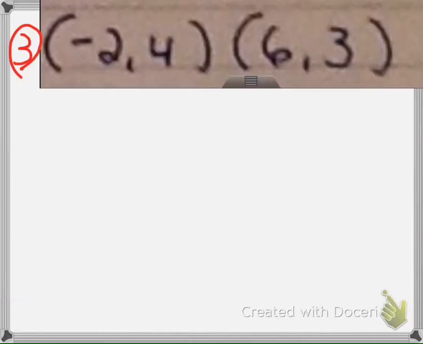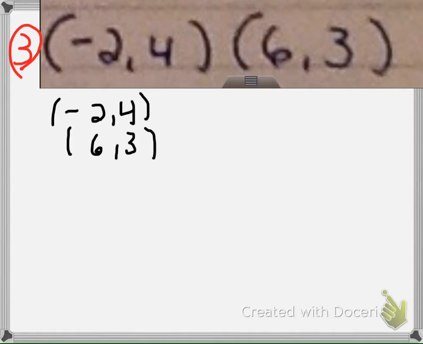Number 3. On this one it said to find the length of the line that has endpoints negative 2, 4 and 6, 3. I'm going to write the endpoints this way because I need to find the slope of the line. Whatever the slope of the line is that has these endpoints will help me find the A and the B in A squared plus B squared equals C squared.